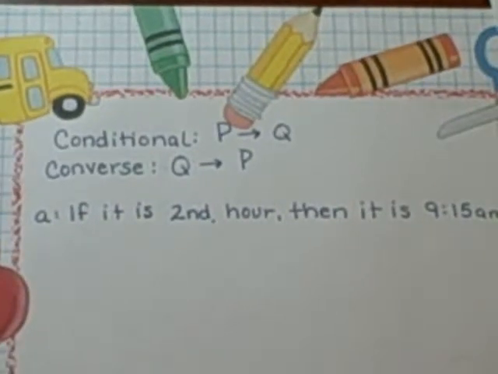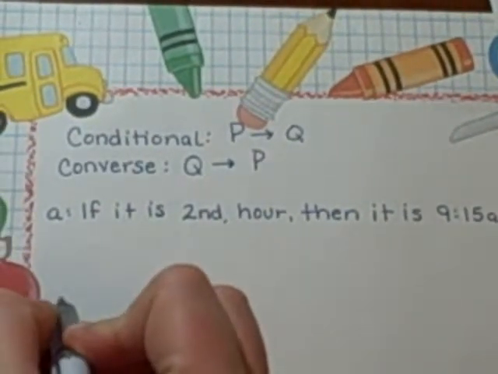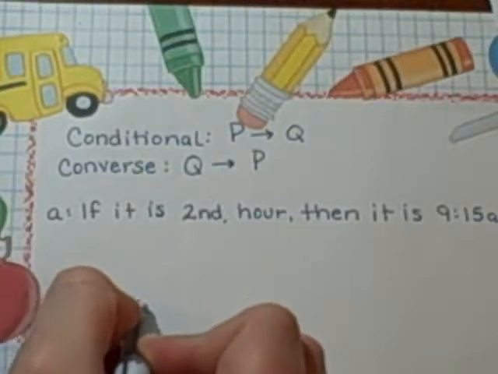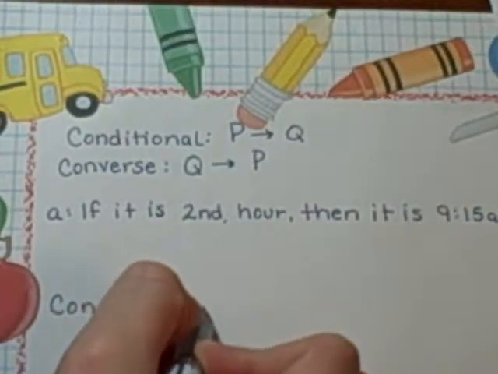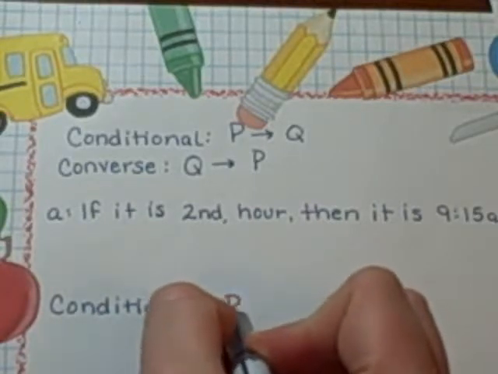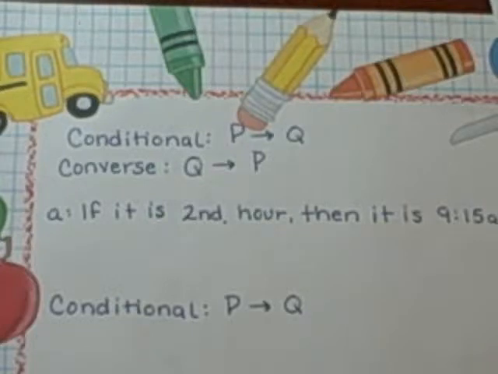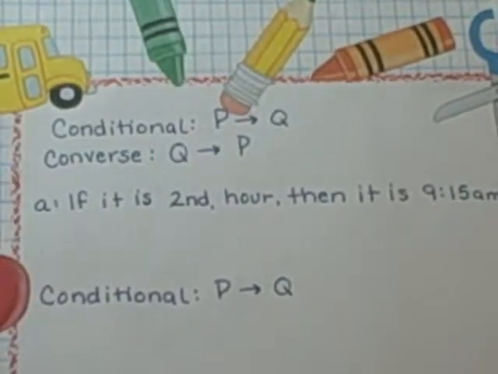Okay. All right, let's look at B. Again, I'm going to put my conditional on here. Conditional is if P and then Q. For statement B, that is, if it is summertime, then it is July.